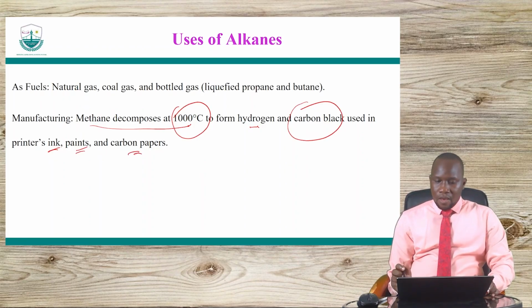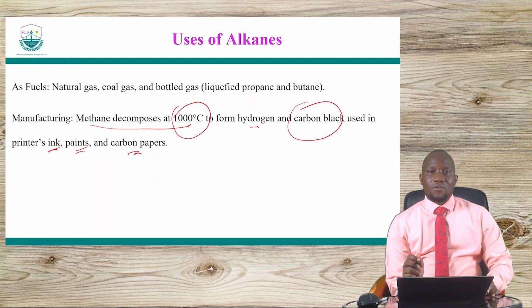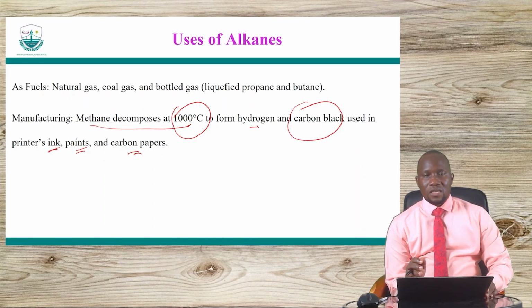Okay, so that marks the end of our second session on organic chemistry. We have been looking at alkanes. The alkanes are called saturated hydrocarbons. There is only a single bond between the carbon atoms, two carbon atoms.